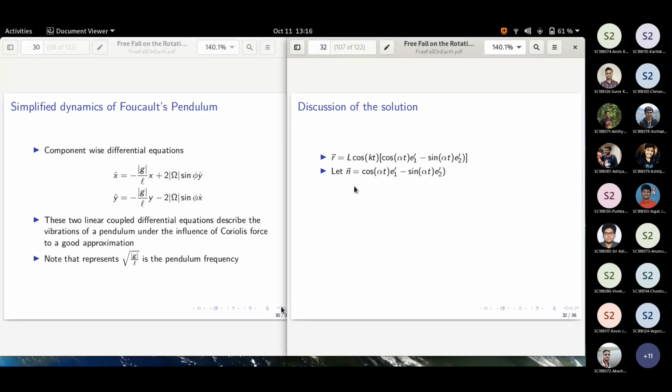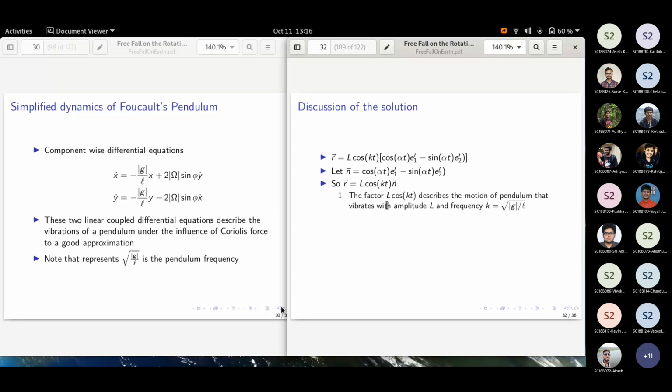So this represents a vector in the xy plane. How the xy plane vector moves will depend on how these quantities are changed. And the amplitude depends on this cos of kt. So you have L of cos kt times n.